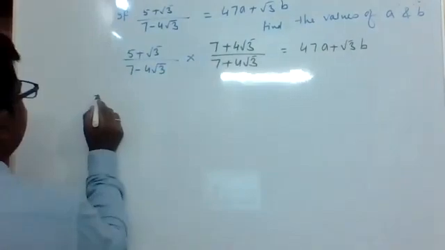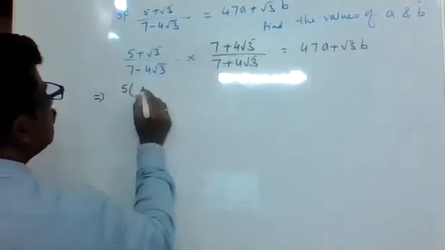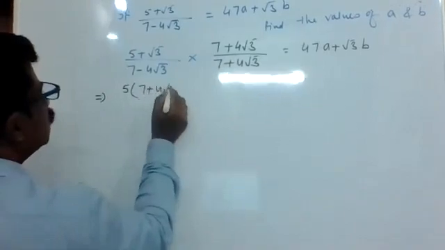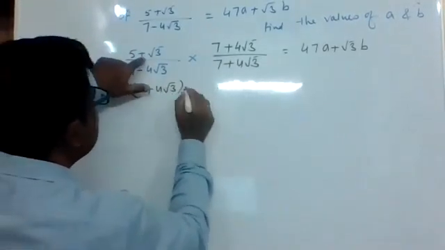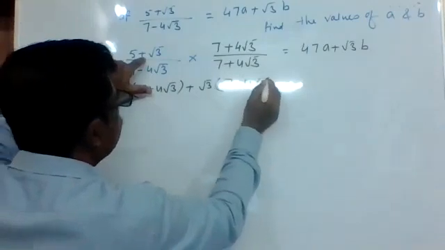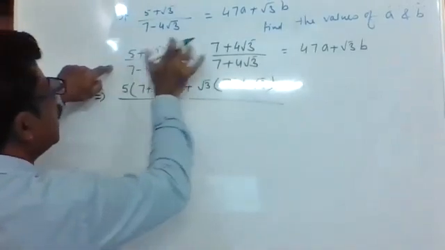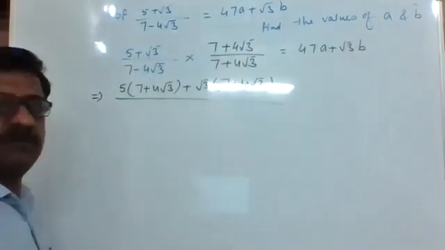Now, we further simplify it. We multiply this 5 with 7 plus 4 root 3 as well as this root 3 with 7 plus 4 root 3. This 5 and root 3 both have to be multiplied with 7 plus 4 root 3.